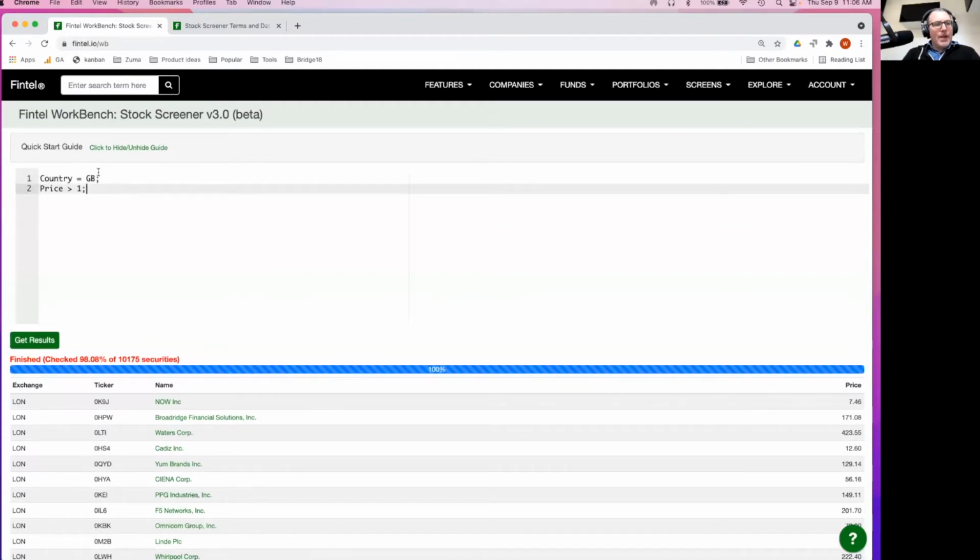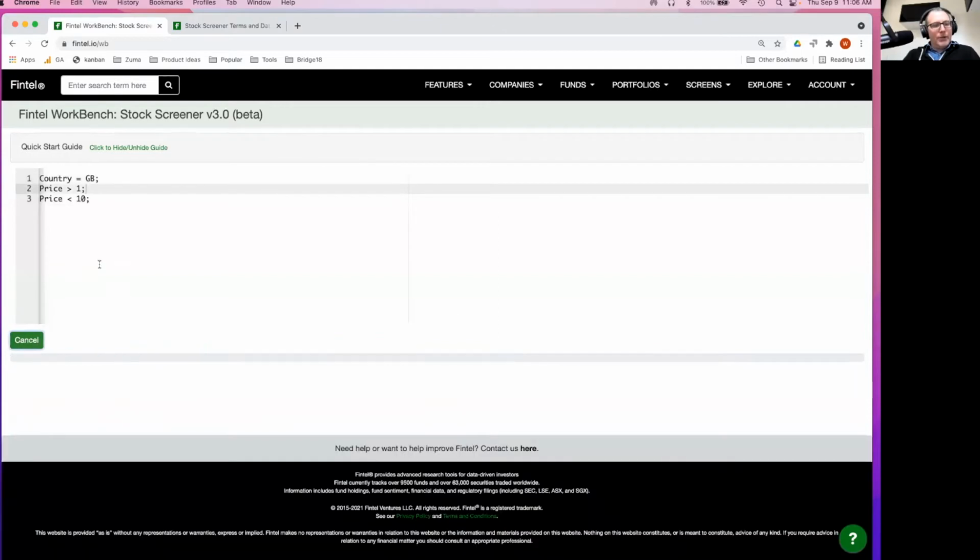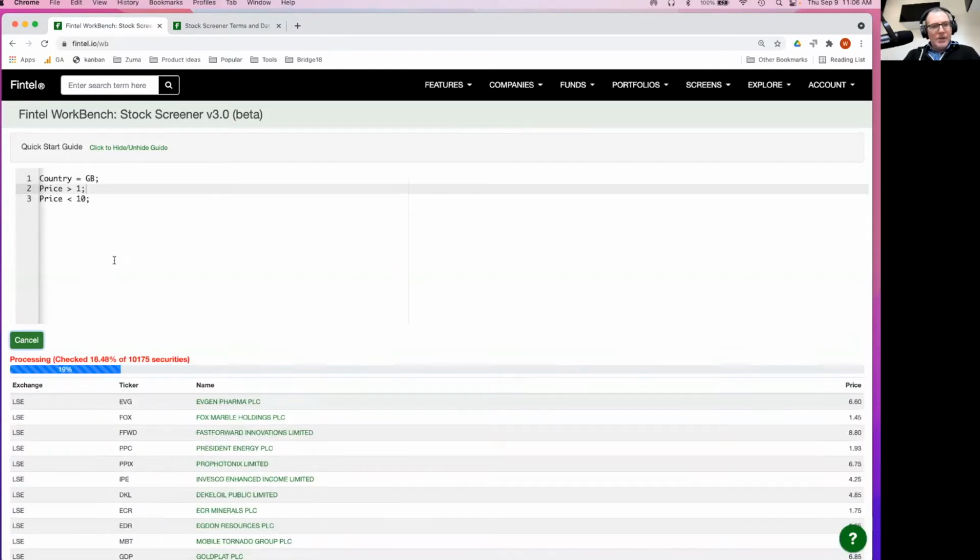So I can stack queries. Price is greater than 1, price is less than 10. And also in Great Britain, keep in mind, I think that they denominate their prices in pence, right? Great Britain, pence. I'm not sure.